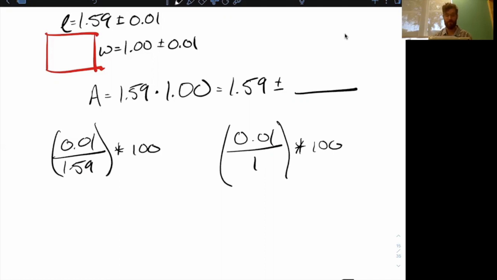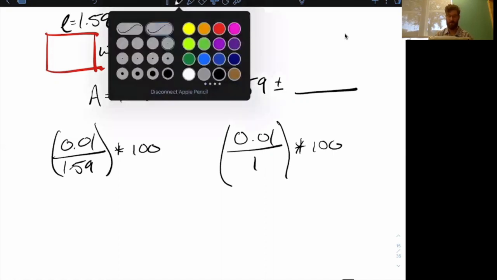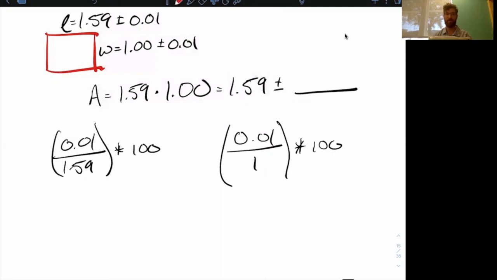So all we have to do is write out our equations just like this. And what I think is the best thing about writing out your equations like this is, as you calculate your percent uncertainties, all you have to do is add them together. So if we plug into our calculator, here we get an error of 0.6%.